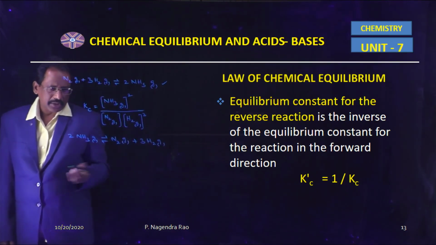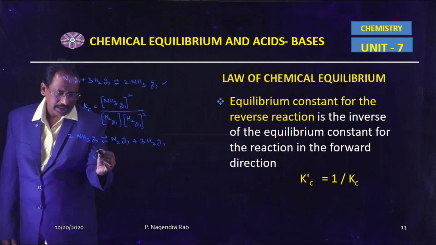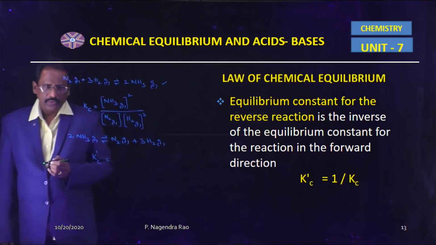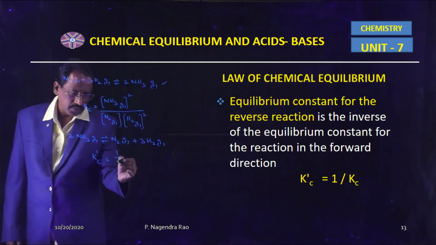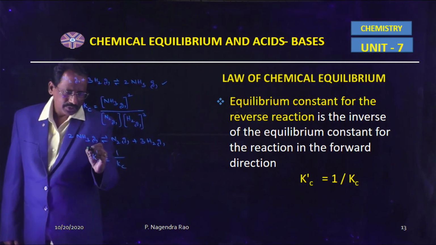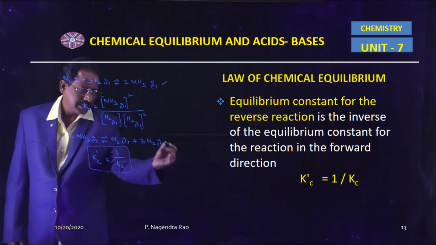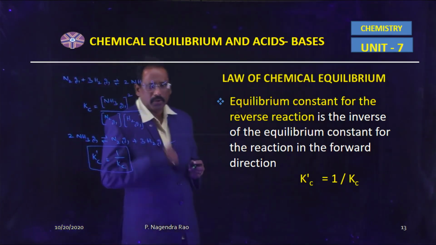For this reaction, the equilibrium constant is K dash c, equal to the reciprocal of this; the reciprocal of Kc gives the equilibrium constant for this decomposition reaction of ammonia.